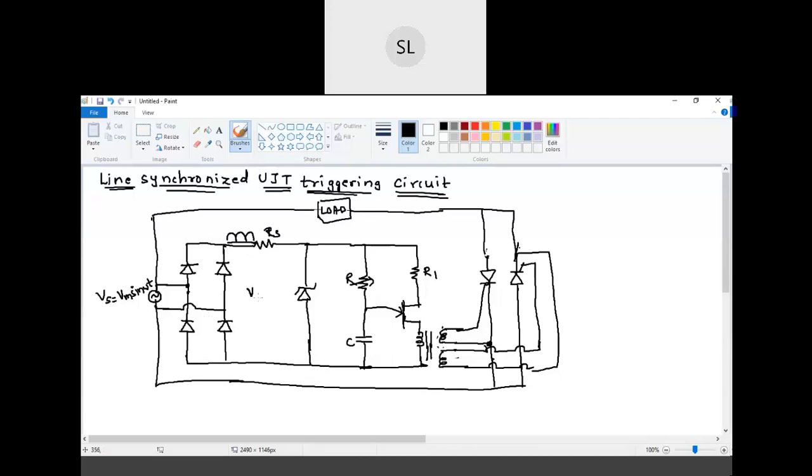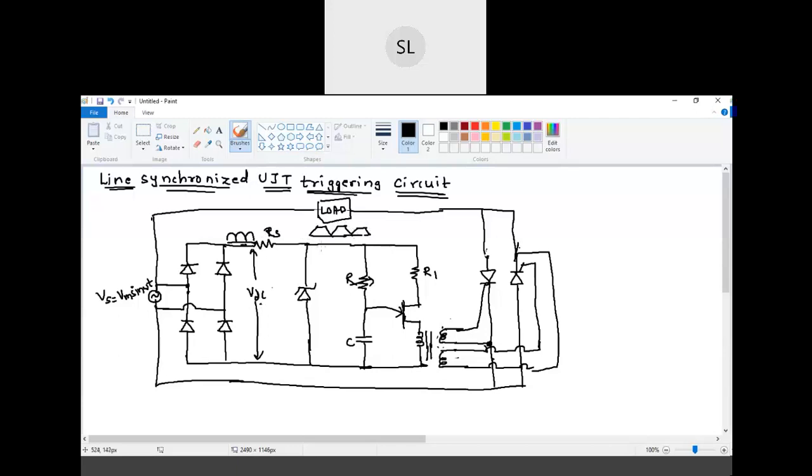Now this rectified voltage will be applied across this relaxation oscillator. Before the relaxation oscillator, we have a Zener diode. This resistor RS will lower this VDC to a sufficiently low value, and then the pulsating DC will be clipped to a voltage level of VZ.